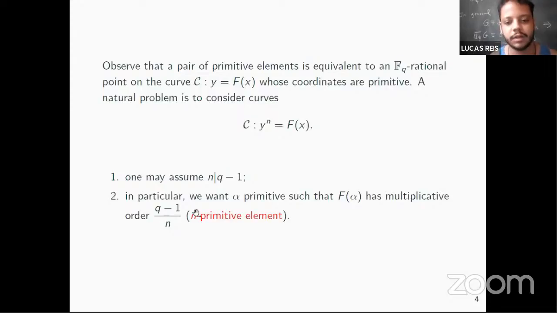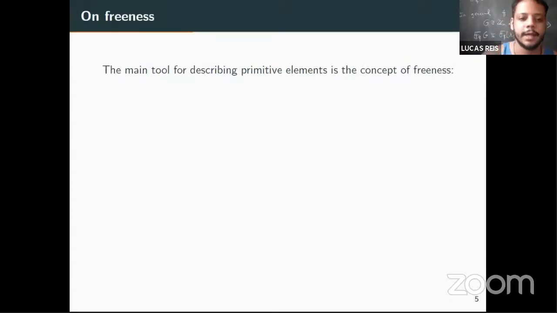This is just a terminology I introduced in a paper in 2018, and people are using it, so you can also find this terminology. An n-primitive element is an element of order q minus 1 over n. Basically, we're taking a variation of this problem. Instead of pairs of primitive elements, I want an element alpha to be primitive such that f of alpha has some order, q minus 1 over n.